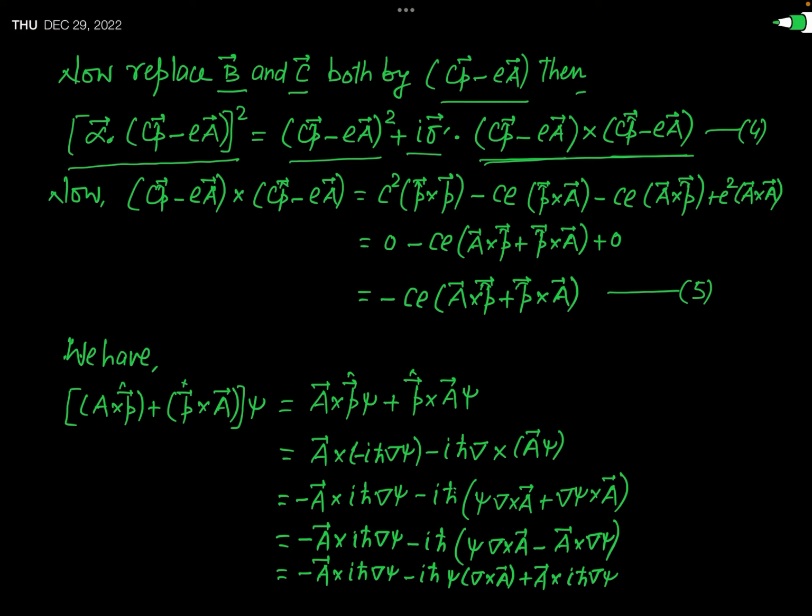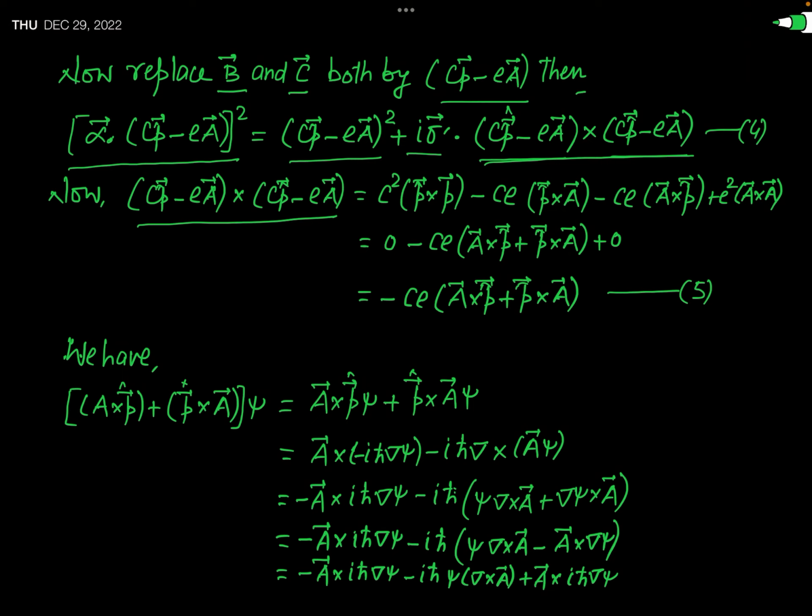You can think that if cp minus eA were an ordinary vector, not in fact operators, then the product would be 0, because the vector product of two identical vectors is always 0. But here, since cp minus eA is not a vector quantity but consists of operators, you cannot say that this cross product will be equal to 0. So first of all, we will see what this product is equal to.